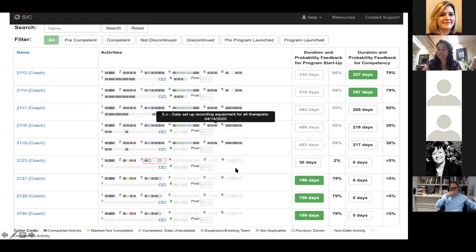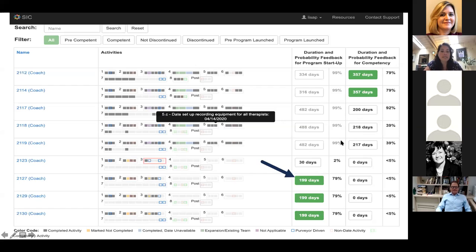If we had any teams on this page that had certified, they would be surrounded by a green box. And then we see here, off to the side, the feedback. This lets us know the duration that a team has been active.